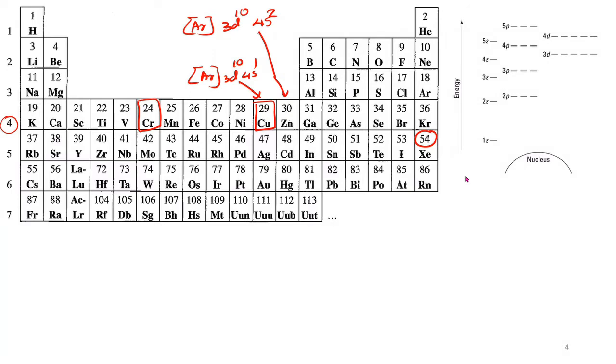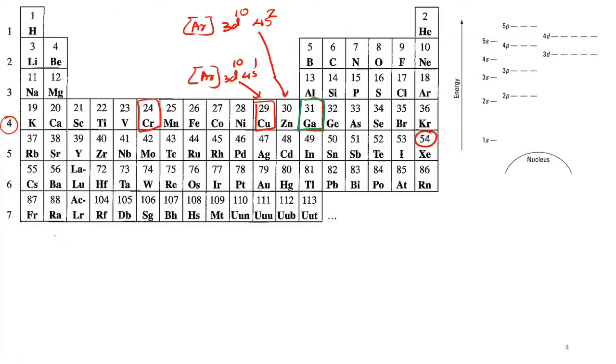Now we can keep on going writing electron configurations. Next element is gallium. Let's write electron configuration for gallium.